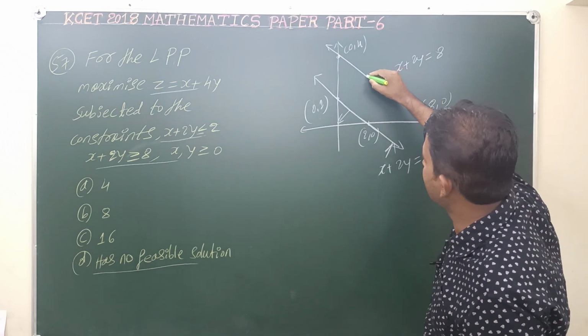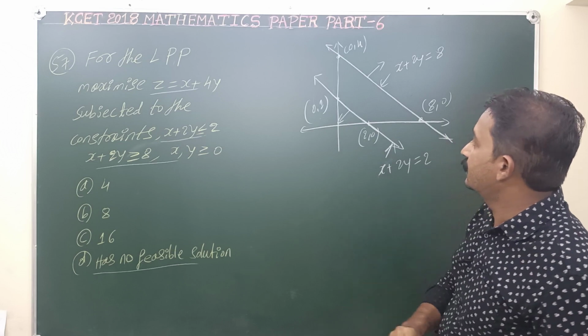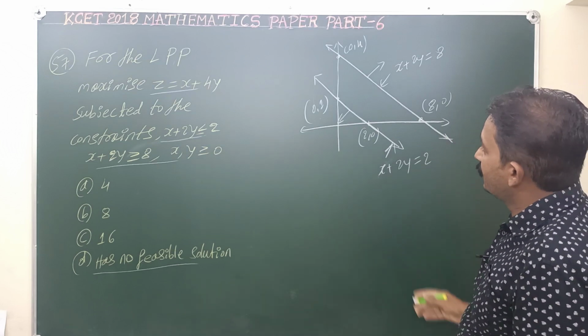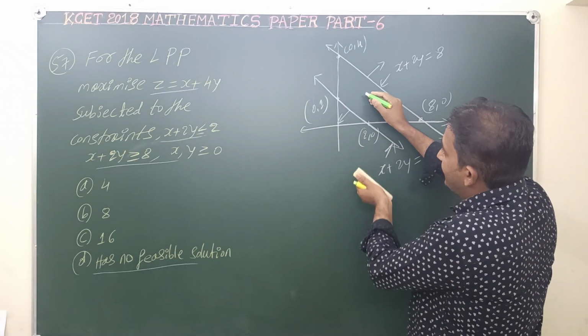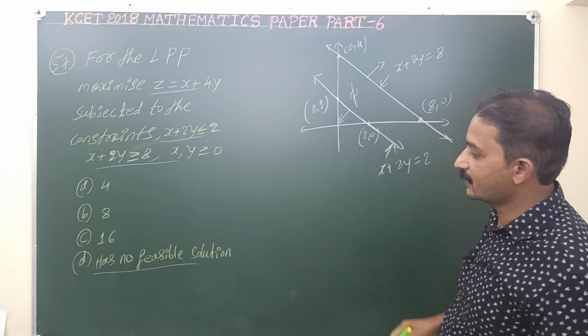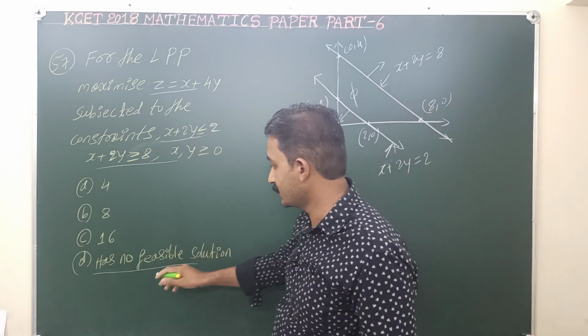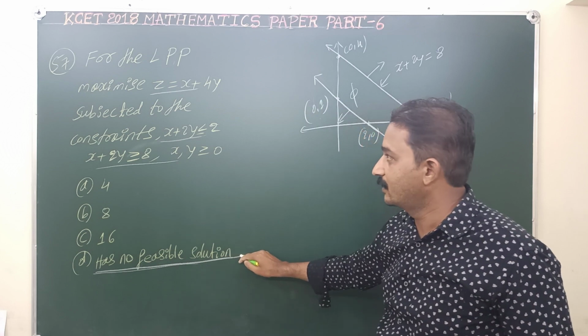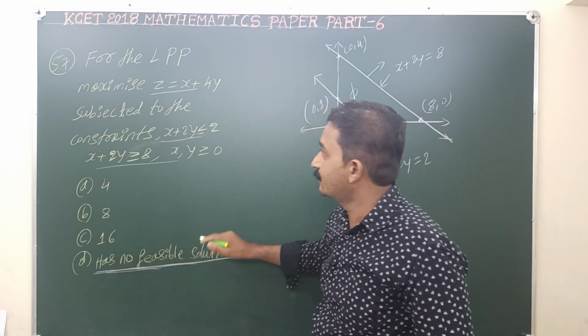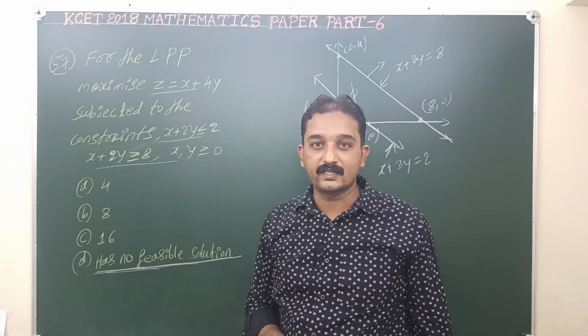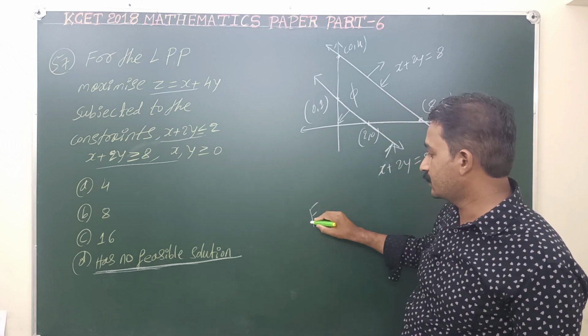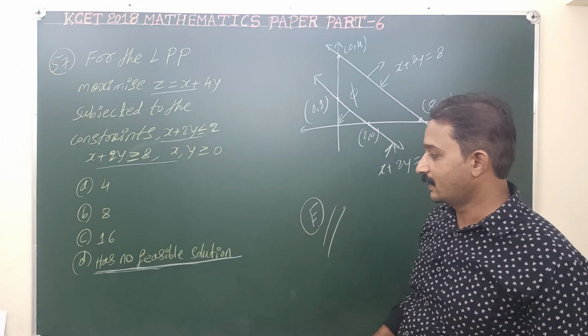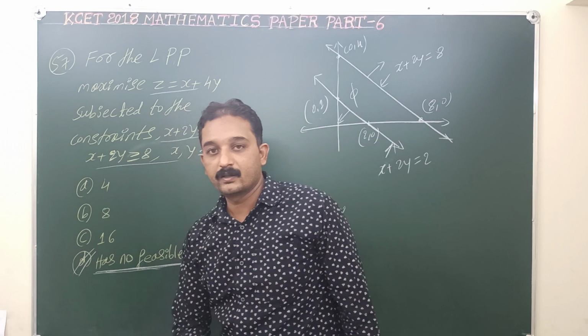Hence the solution region is away from the origin. So the feasible region does not exist; it is empty. So the solution of this question is no feasible solution, which means the maximum does not exist. Easy question, most of the students solve this easily. The answer of this question is D.